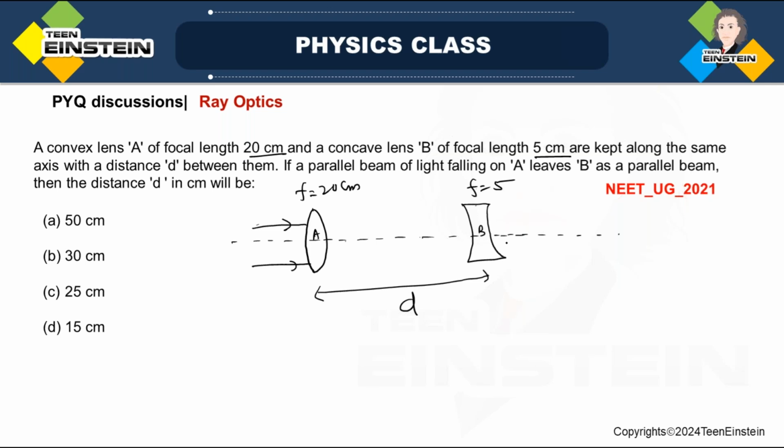Along the same axis, distance d between them. If the parallel beam of light leaves as a parallel beam between the two lenses.